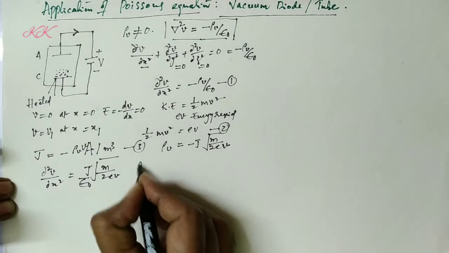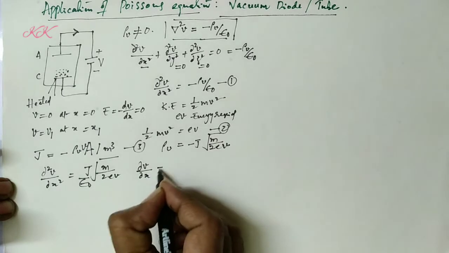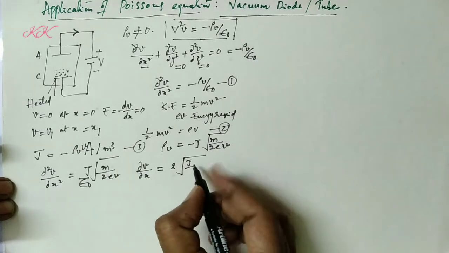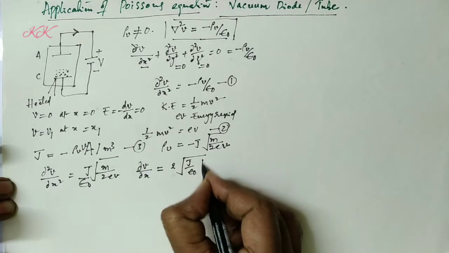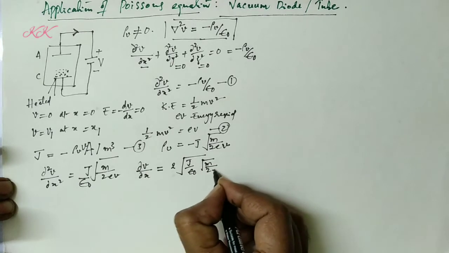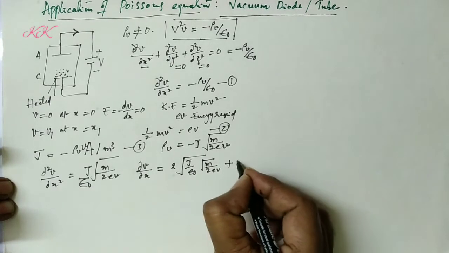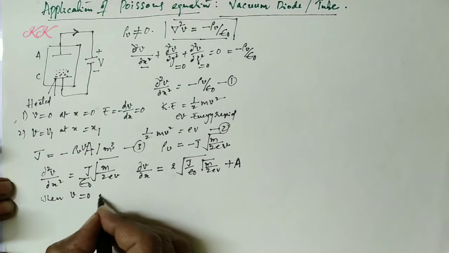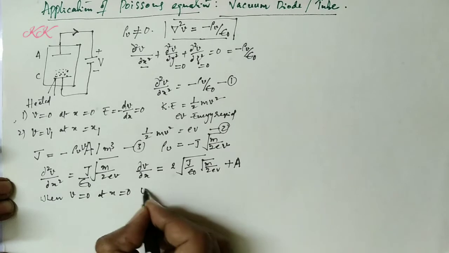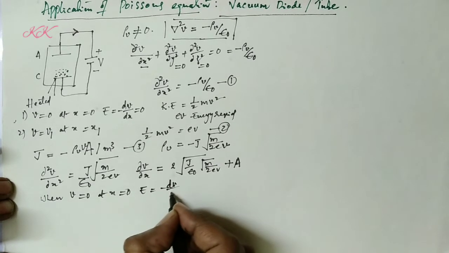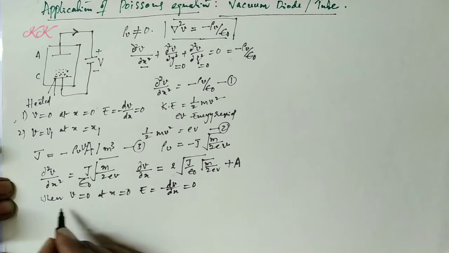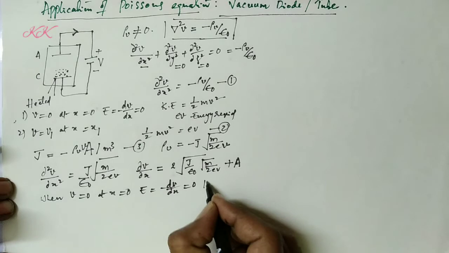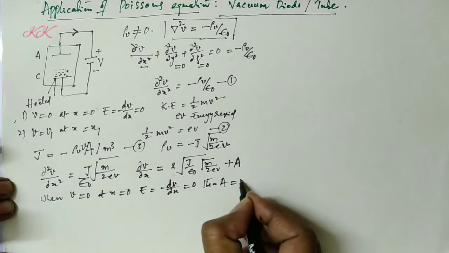Integrating on both sides, del V by del x equals 2 square root of J by epsilon naught times square root of m by 2eV, plus A. When V equals 0 at x equals 0, E equals minus dV by dx, which equals 0. Now substituting this in the equation, we get A equals 0.